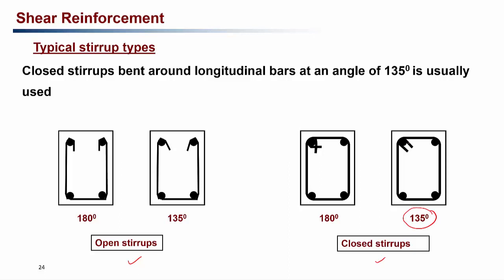As you can see, the bars are bent at 135 degrees. If this is a neutral axis, the bending of the stirrups is done in the compression side. This is the compression side, this is the tension side. So the bending is provided in the compression side so that it doesn't open up. If you provide it in the tension side, there is a chance that the stirrups will open up. So always provide the bending of the bars at the compression side.